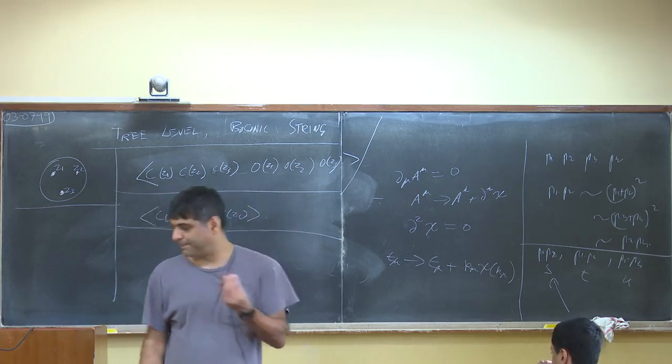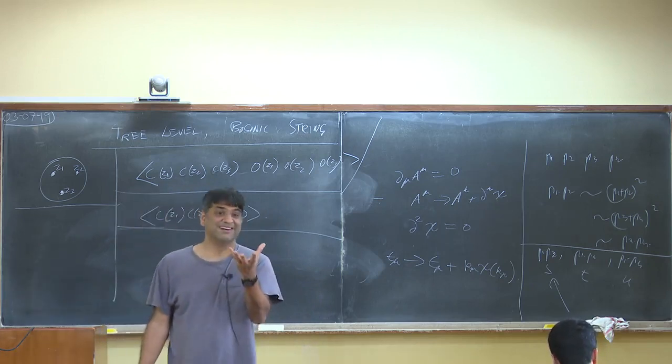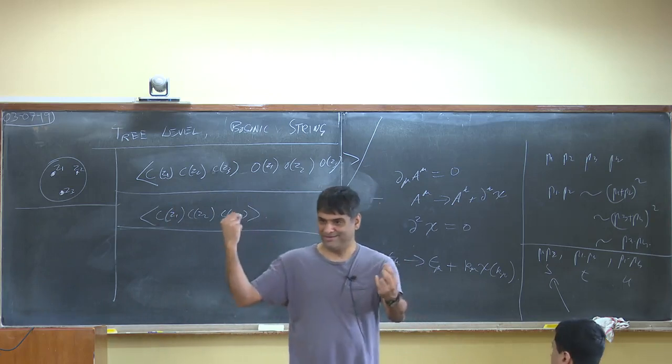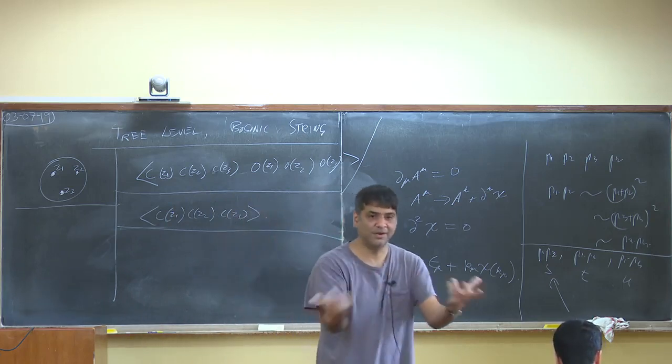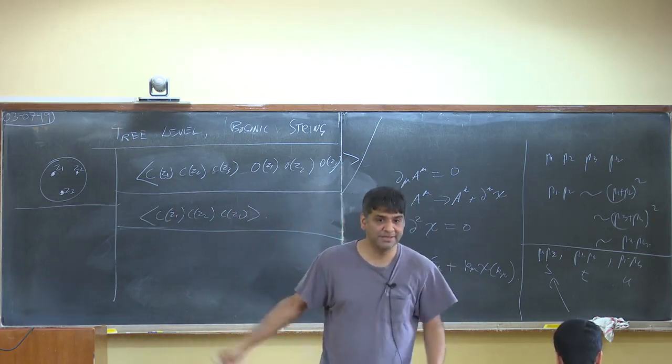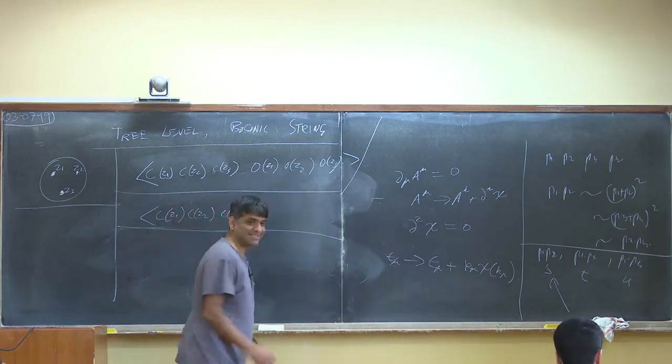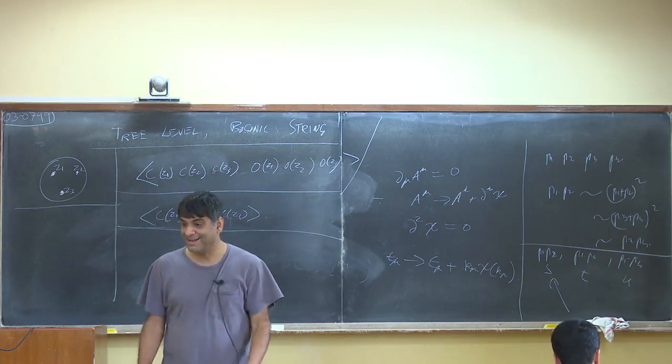So the OPE captures the entire non-analyticity when an analytic operator hits something else. Here there's none of it. But we know a little bit. Firstly, we know that this is completely analytic.